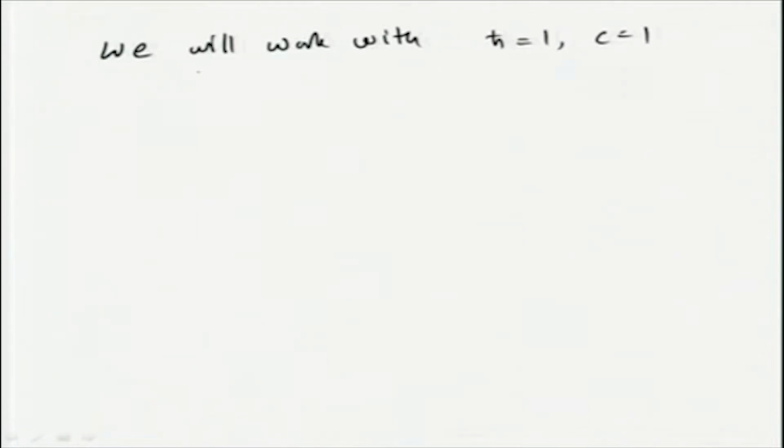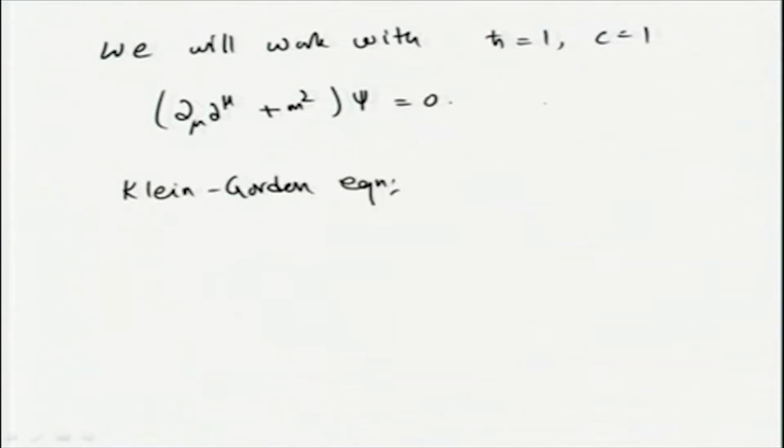So, in that case, you have (dou_mu dou^mu plus m square) acting on psi equal to 0 as our Klein-Gordon equation. Let us discuss this further. We will consider dou square, written in components: dou square by dou t square.